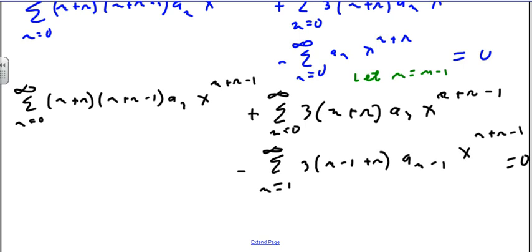Isn't that lovely? Okay, so we have an n equals 1 and two n equals 0's. So we're going to remove n is equal to 0 from each, and when we get done, everything will be indexed at summation n is equal to 1.